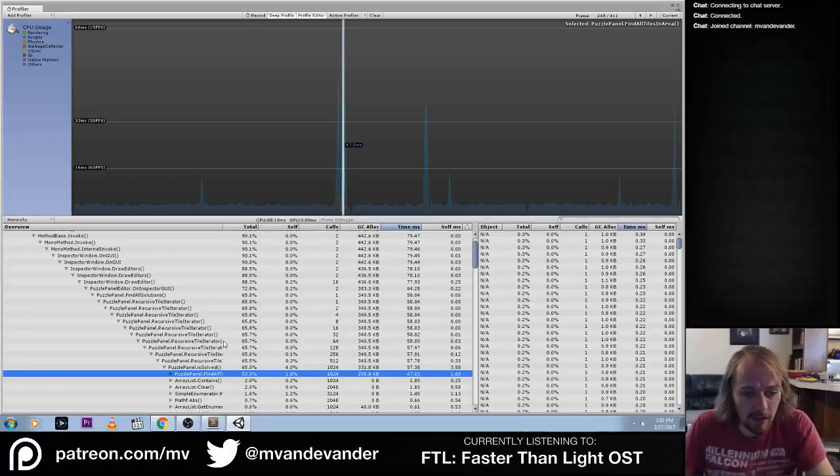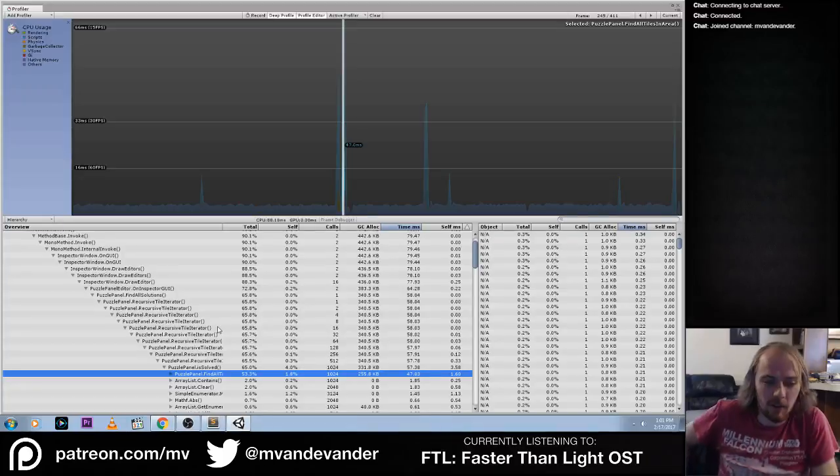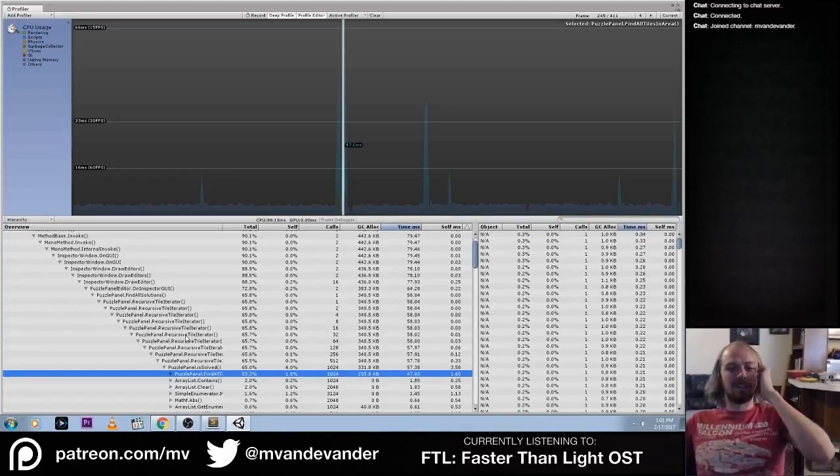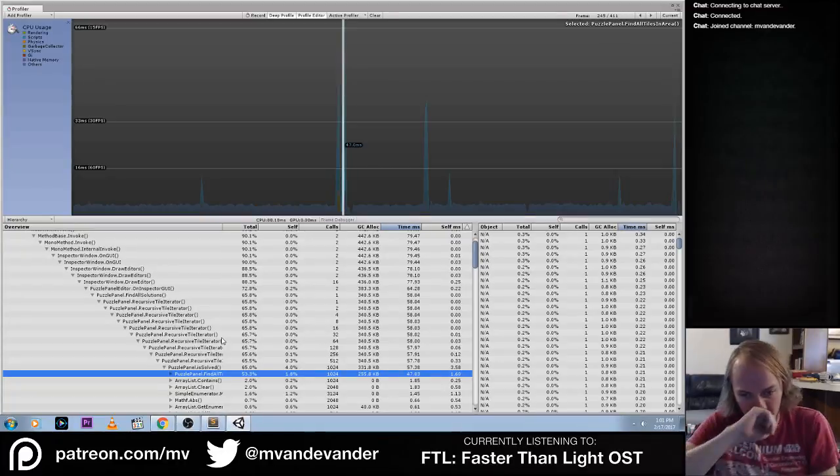If it'll twirl down, maybe I can see what it's spending most of its time on inside of that. It's almost like it would be better to just use the Visual Studio profiler, but I don't know whether that works here. Jesus, come on. There we go.